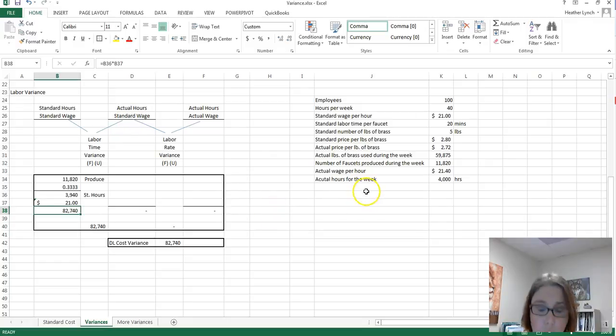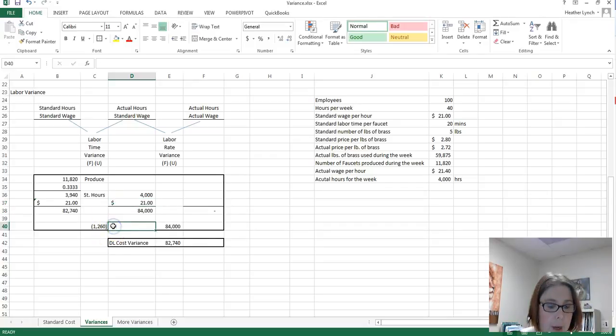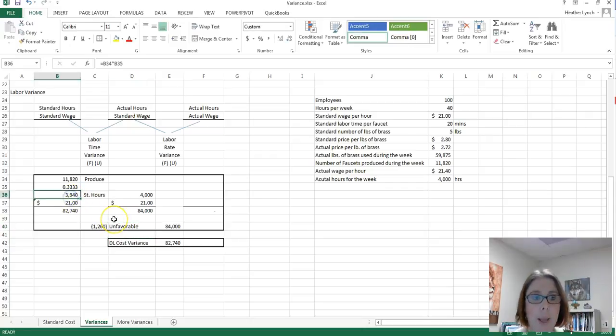Then we look at actual hours times standard wages. Here they told us that the actual hours was 4,000 hours, so we had 4,000 hours times the standard wage. Can you kind of guess what's going to happen? We're going to have an unfavorable. We determined that the standard hours, since it takes 0.333333 hours or 20 minutes per faucet, should only be 3,940 hours.